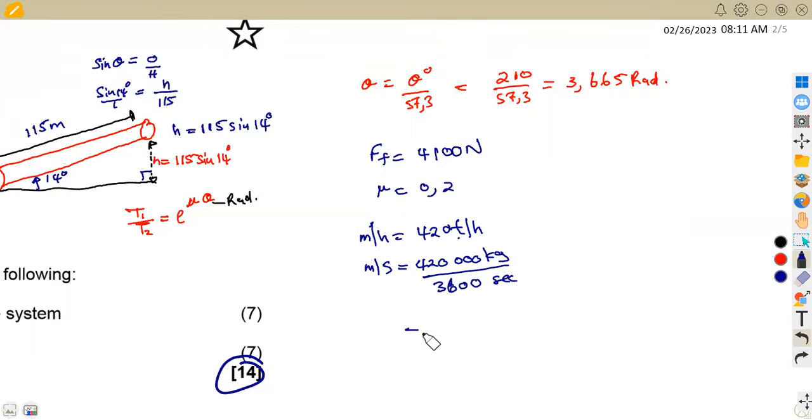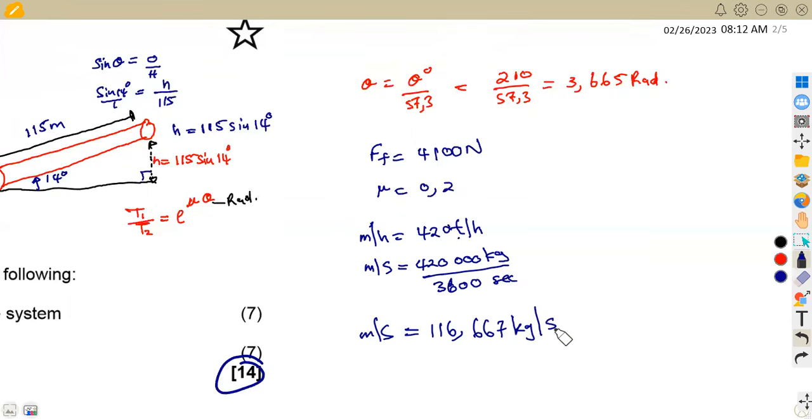So if you divide, you're going to have mass per second, which is 116,667 kgs per second. So this is mass per unit time.